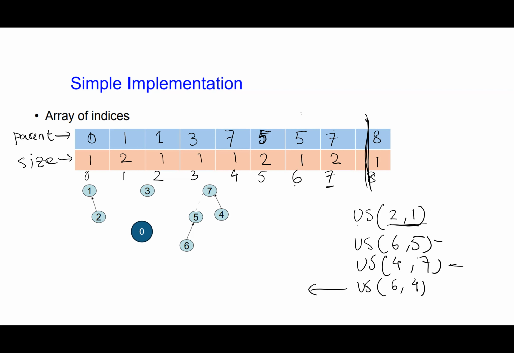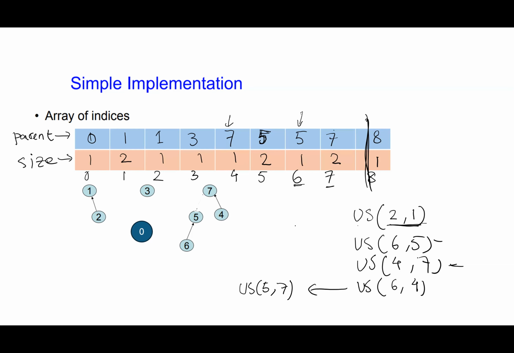So we go to 6 index and look at the parent. It says the parent is 5. So it becomes union by size of 5. And we go to 4 and we see the parent is 7. So it becomes the union by size of 5 and 7.